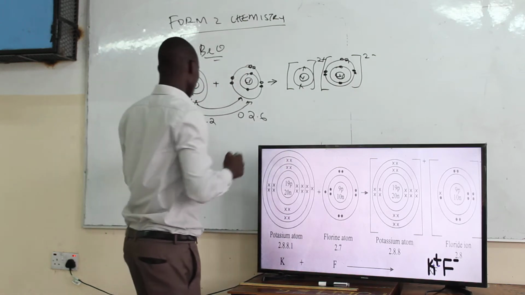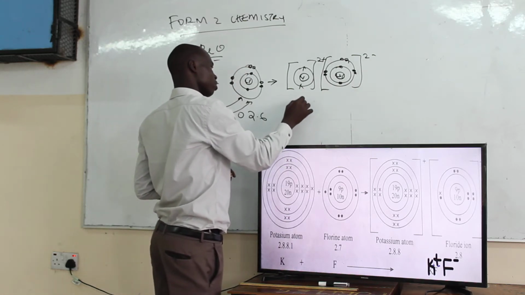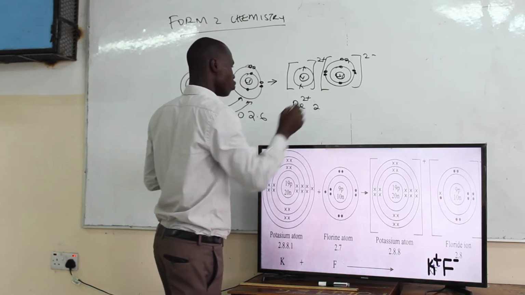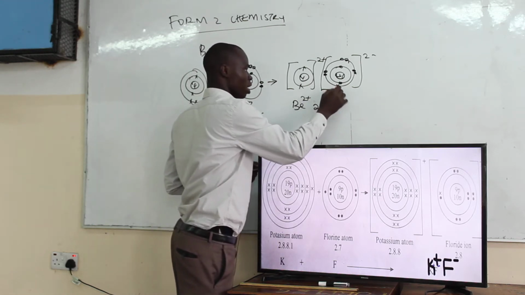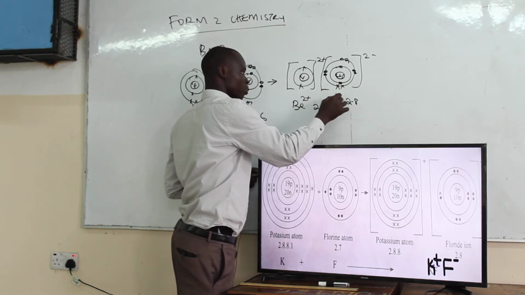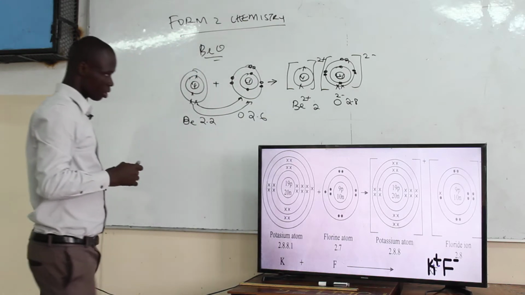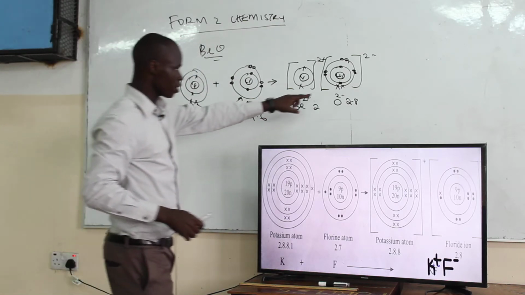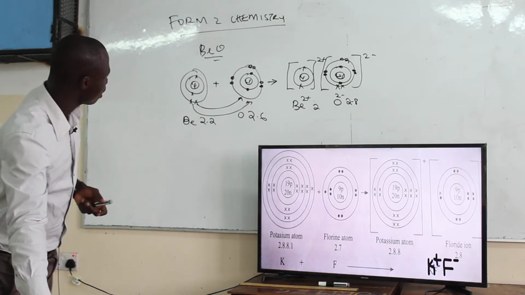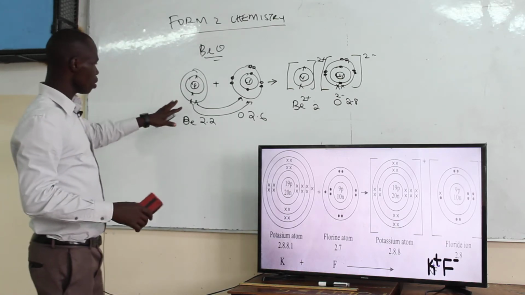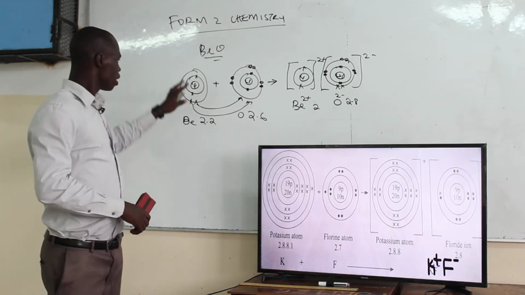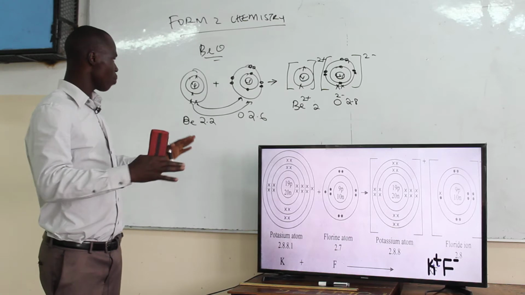So this beryllium will be an ion with 2 plus, while oxygen will also be an ion here with 2 minus. Now these 2 crosses sit up.